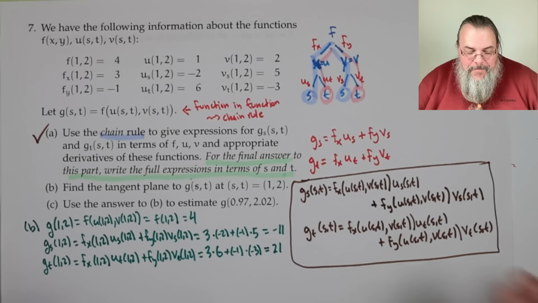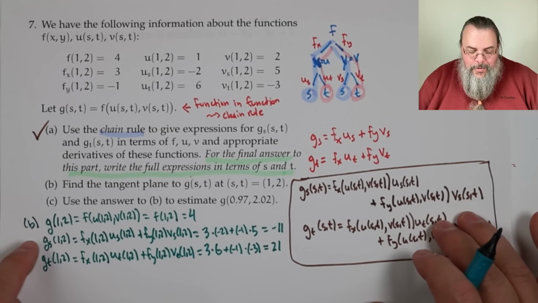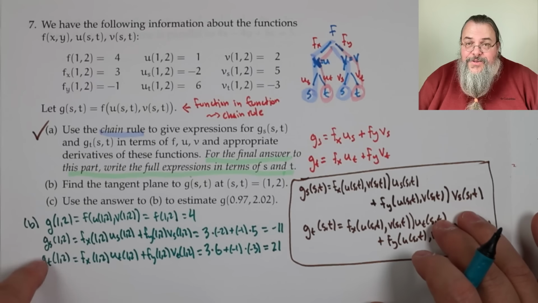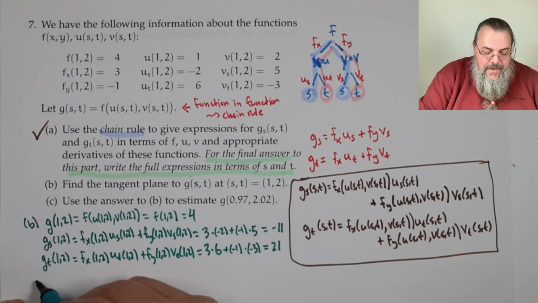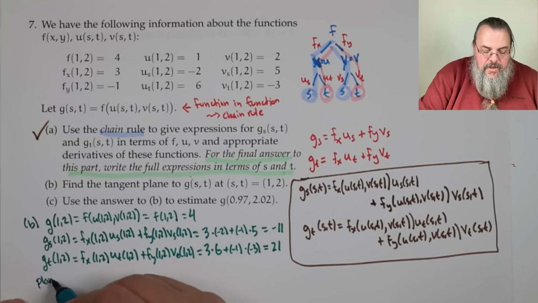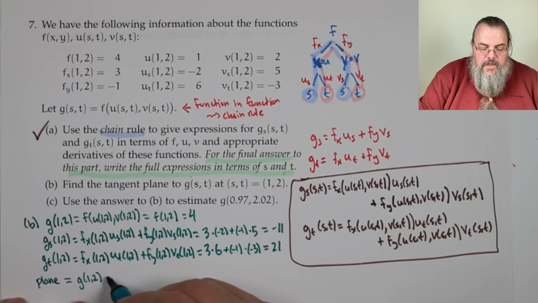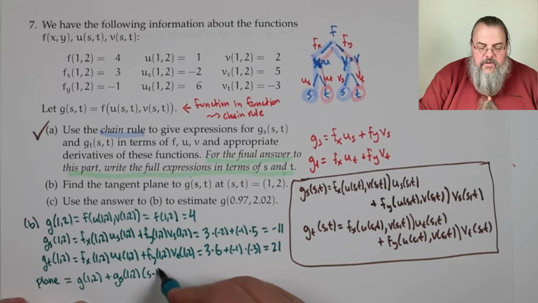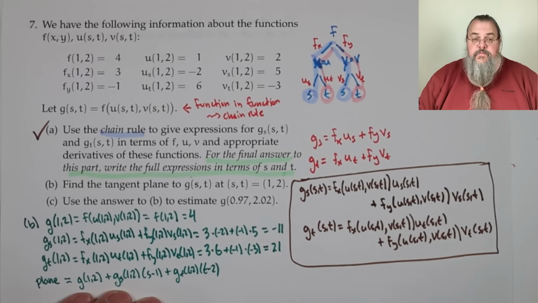Be careful, right? Now, we have the values of the first order partials. We put it together. So our tangent plane, which is our linearization, well, that's g of 1, 2 plus g sub s at 1, 2 times s minus 1 plus g sub t at 1, 2 times t minus 2.